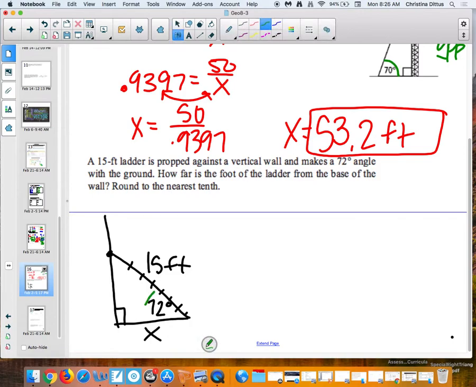So looking from 72's angle, how does x relate? Adjacent. How does 15 relate? The hypotenuse.